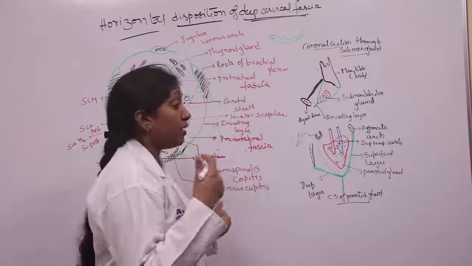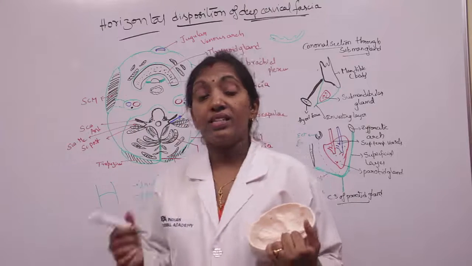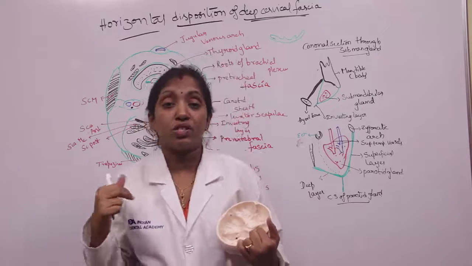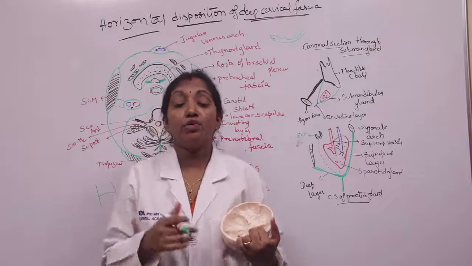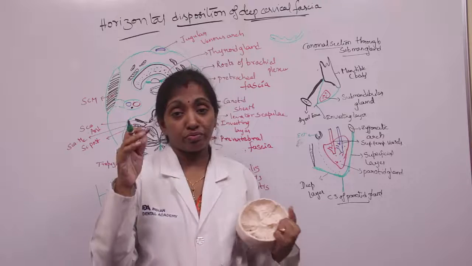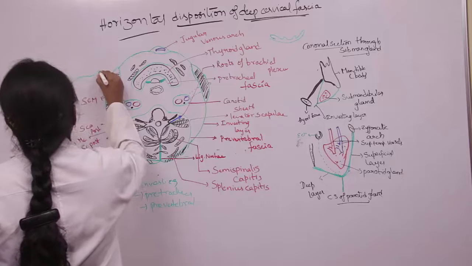Coming to the other space, that is called the supraclavicular space. The investing layer of deep cervical fascia, when it comes down, again splits into two to attach to the anterior and posterior borders of the upper surface of the clavicle. So this is the clavicle.